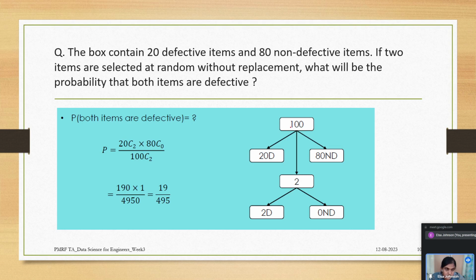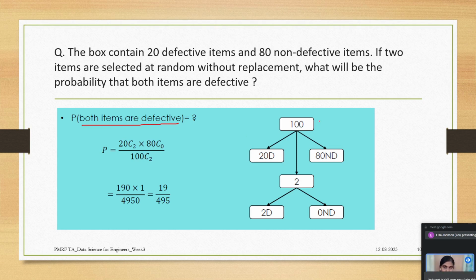So as a total there are 100 items, 20 defective, 80 non-defective, and from this you have to select 2 items. In this case you are checking the probability that both items are defective. Only 2 items are taken and in that both items are defective.